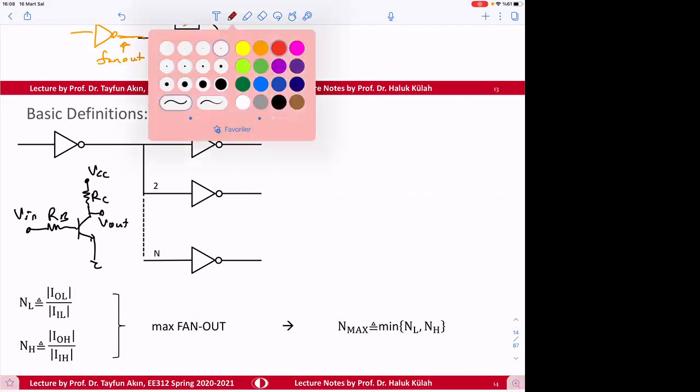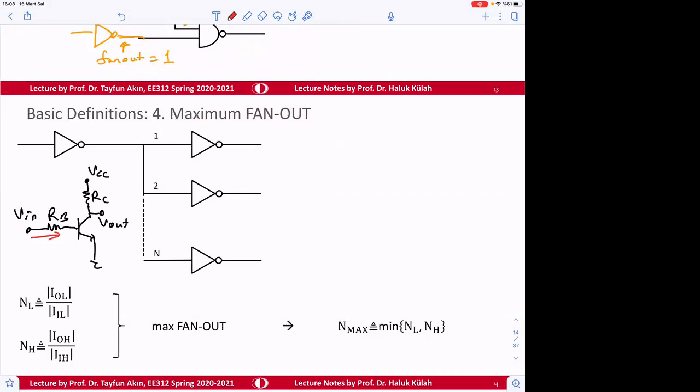This circuit requires current. So for input high, that means when we connect here, let's say 5 volts, there's going to be a current.